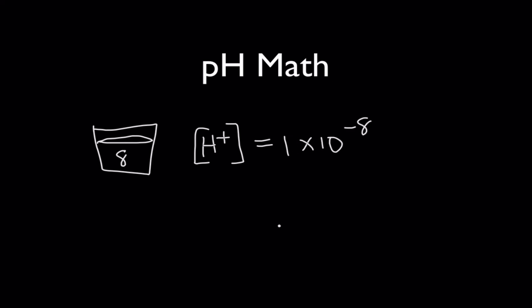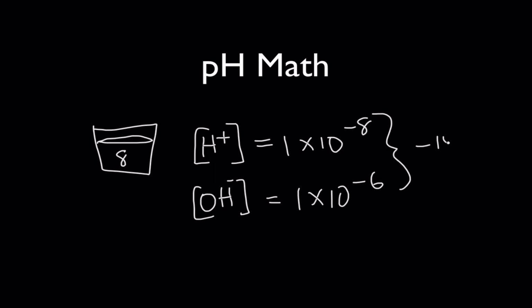So what's the hydroxide ion concentration in this solution? That's very easy to figure out. What's 14 minus 8? It's 6, right? So the hydroxide ion concentration has to be 1 times 10 to the negative 6, because these two exponents always add up to negative 14. So if you know the pH, you can always figure out the hydroxide ion concentration. Just a little math to be aware of.